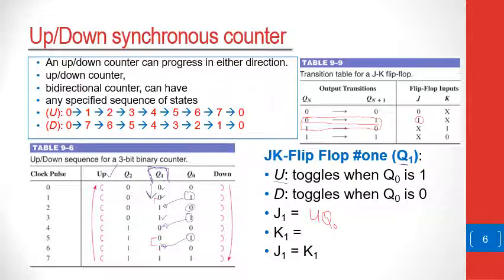For the transition of 1 to 0 to happen, K1 must also be 1. So at least in that direction, the logic input for J1 must be such that it maintains a toggling transition, that is, it maintains a 1 when U is high and Q0 is high.